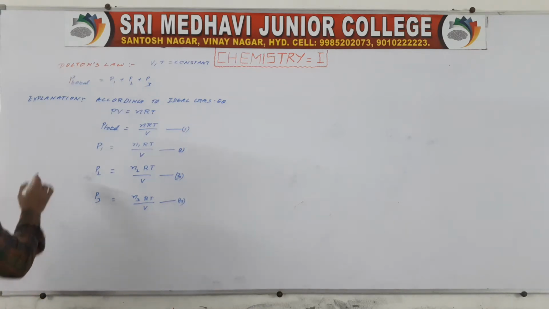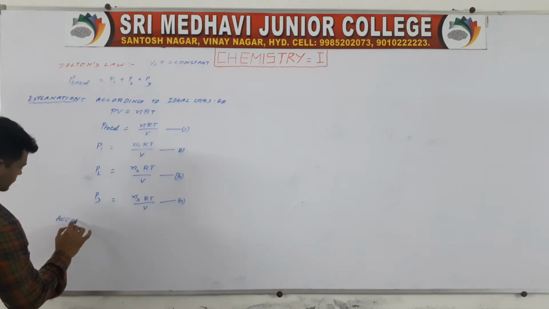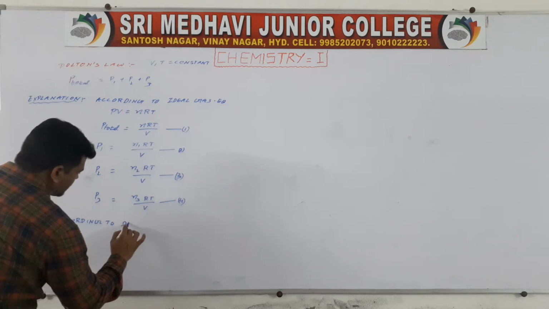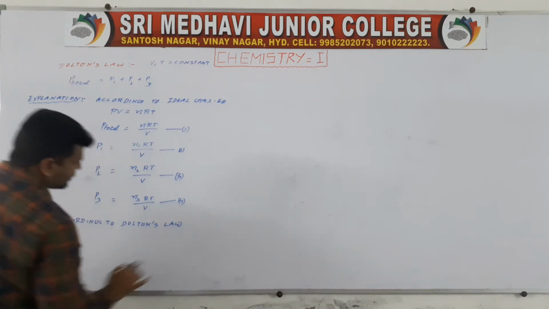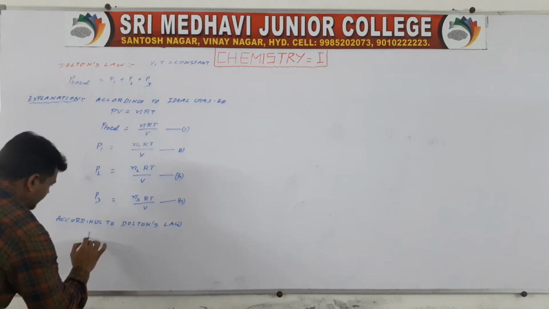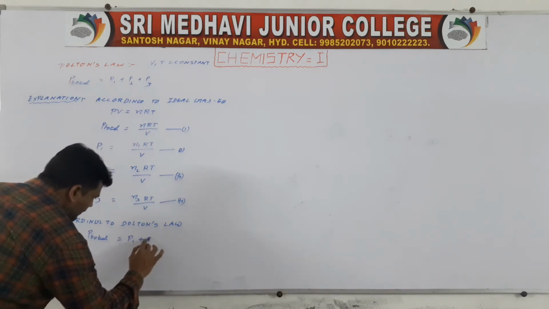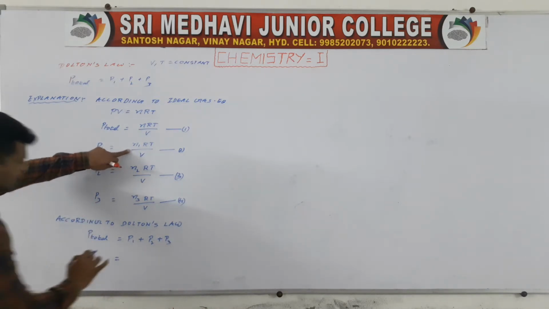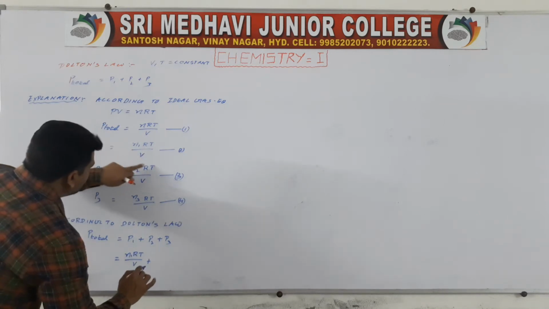So according to Dalton's law, P total equals P1 plus P2 plus P3. What is P1? N1RT by V. Plus what is P2?